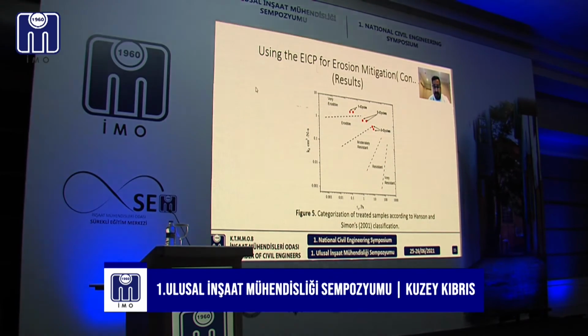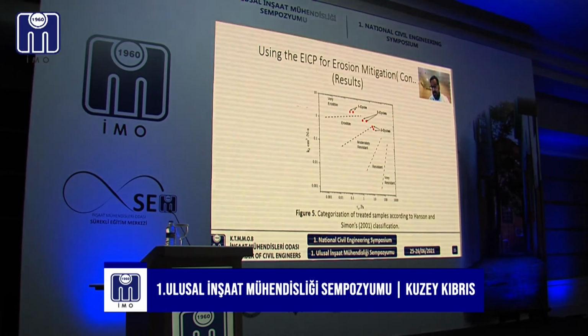So it is very erodible after 1 cycle, very erodible after 2 cycles, and then it transformed to moderate resistance. After 3 cycles, we get a good result, even though 2 and 3 cycles are very close. So increasing the number of cycles increases the resistance to erosion. This is the classification according to Simon 2001.